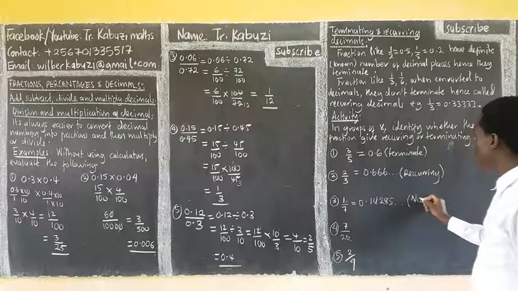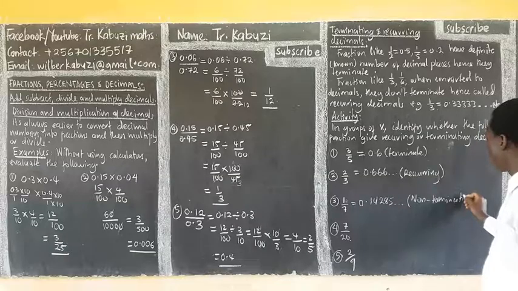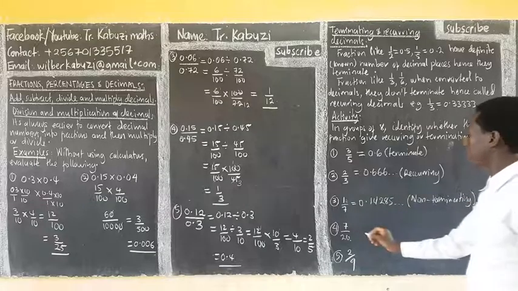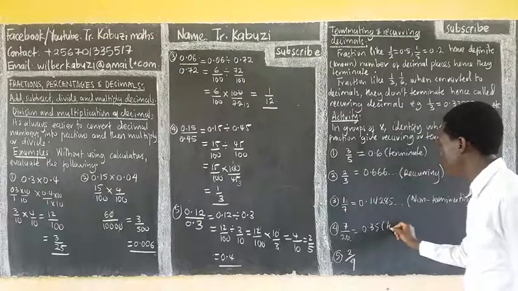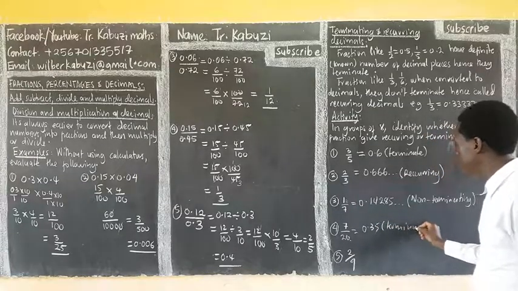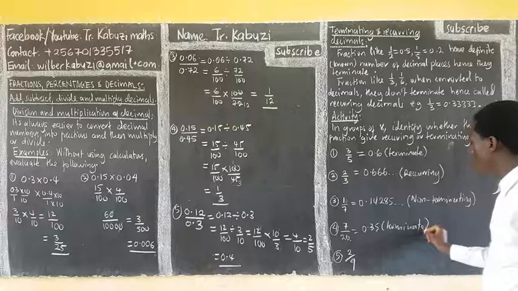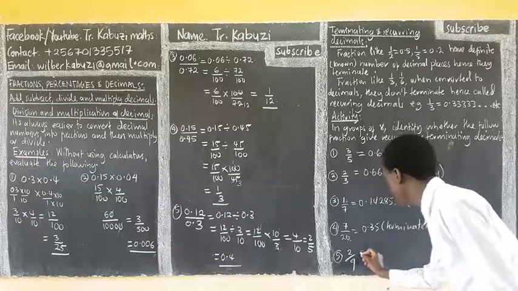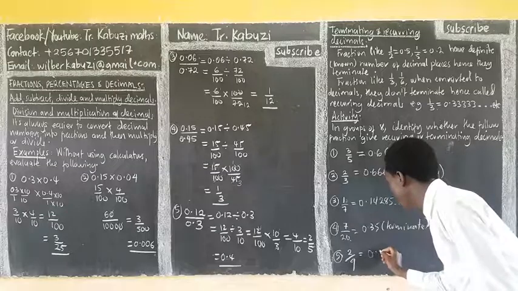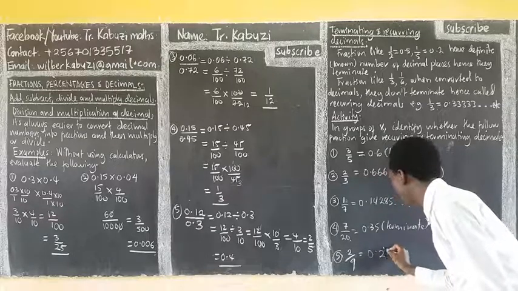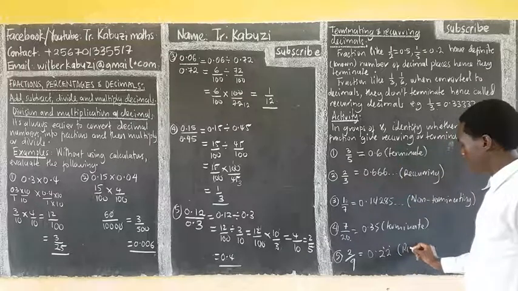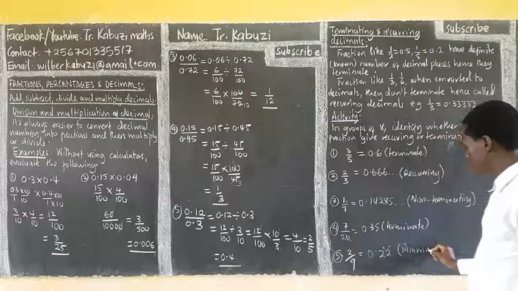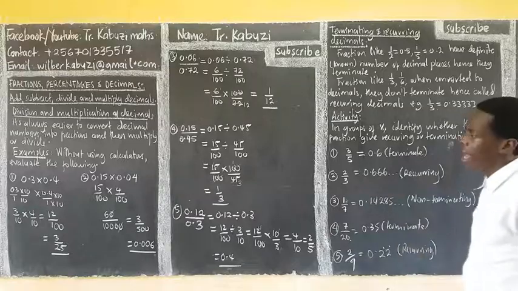We just say non-terminating. So this one is 0.35. It's what? Terminating. I think we have watched the movie called Terminator. So 0.2 you put there a bar. This will show that it's what? It's recurring. So that's the difference there.